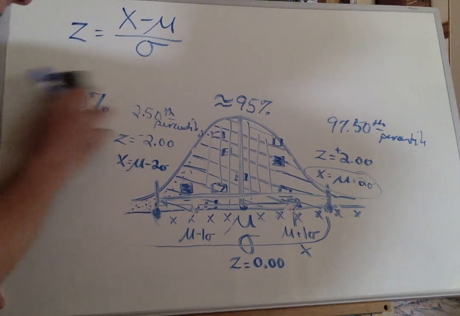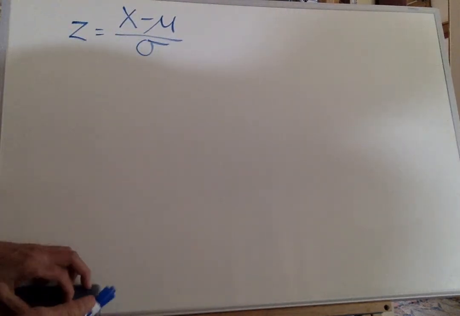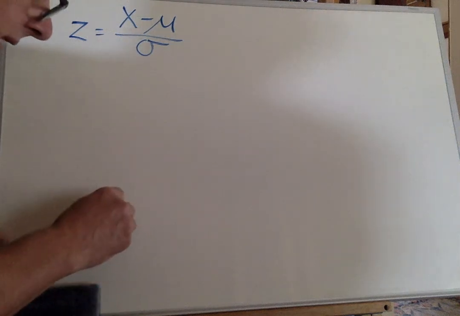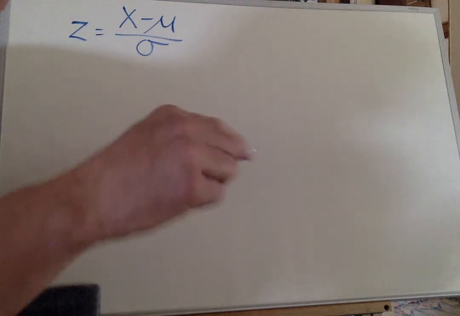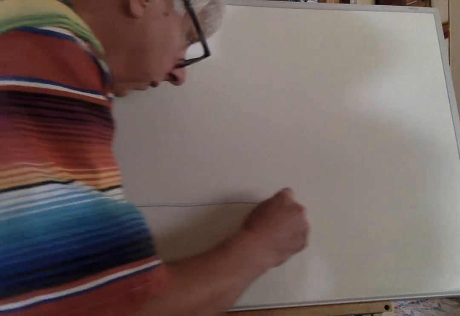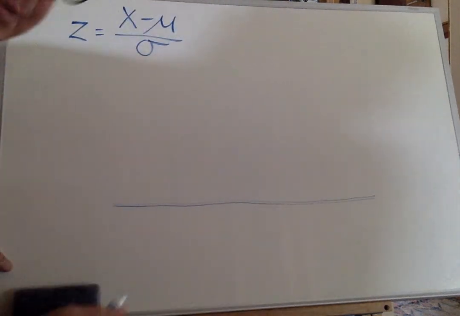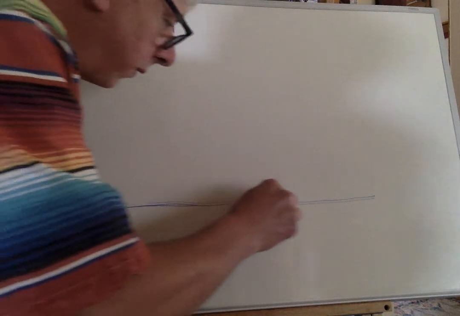We're going to do this much more precisely than using those approximate symbols. So let's redo our normal curve.